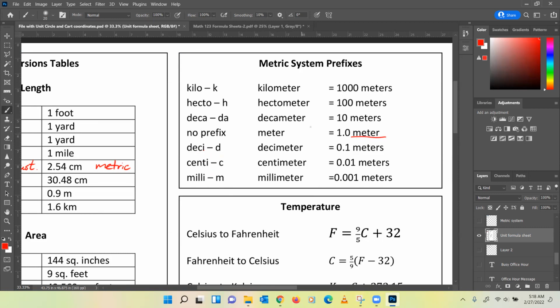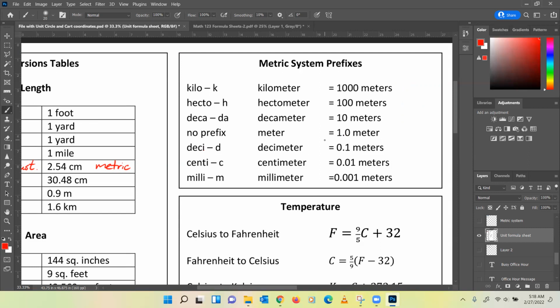A decameter is actually 10 meters. And then 100 meters in a hectometer, and 1,000 meters in a kilometer. Notice that that's just adding another 0 onto the end, as if we were moving our decimal to the right with every jump we make. As we work our way down, looks like we're moving our decimal to the left, which we are. It's because we're dividing by 10 for each jump down.